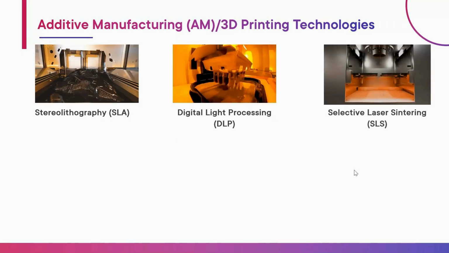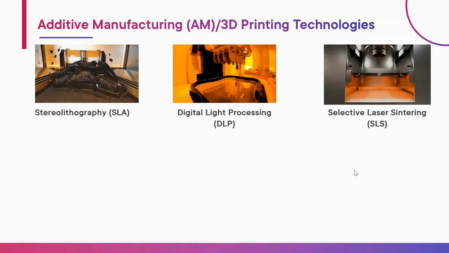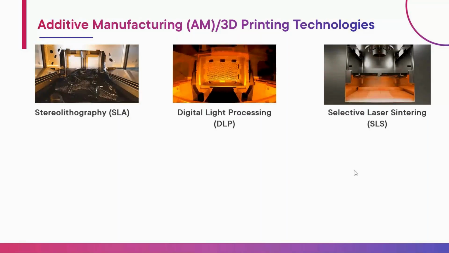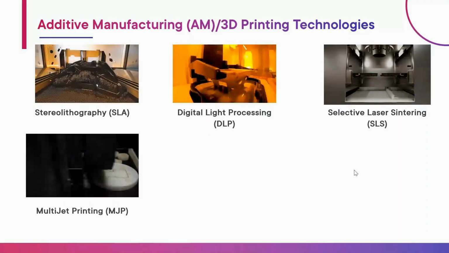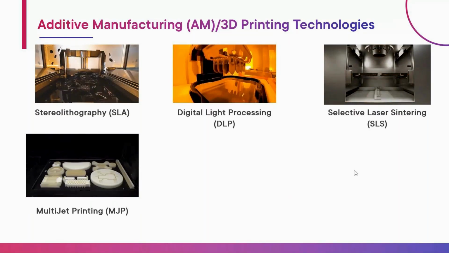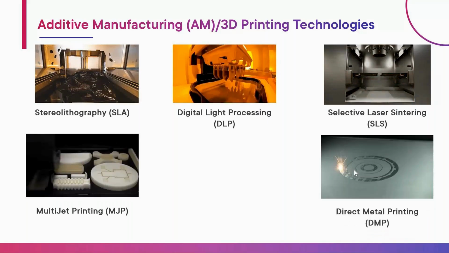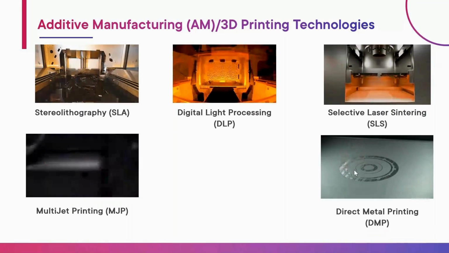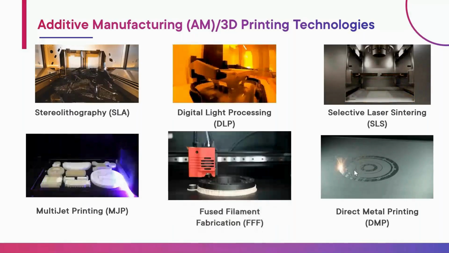Selective laser sintering from 3D Systems and Race 3D, which have just recently introduced a benchtop range of SLS 3D printers. MJP for wax printing as well as plastics printing by 3D Systems. Direct metal printing from 3D Systems, and recently, like I mentioned earlier, we partnered with HBD as well. And of course, we have fused filament fabrication from Race 3D.